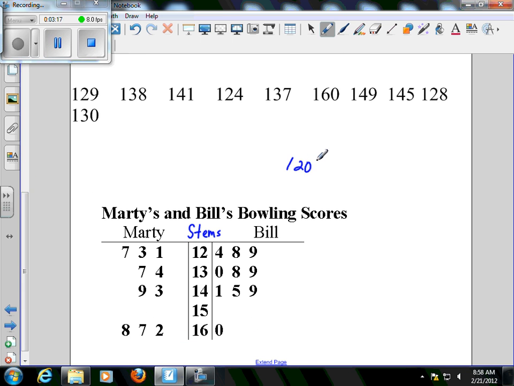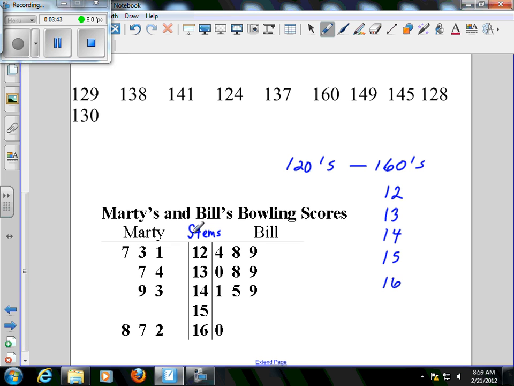So our stems are going to be listed as 12 for 120s, 13 for 130s, 14 for 140s, 15 for 150s, and 16 for 160s. Even if we don't have any scores in a particular range. For instance, we don't have any scores in the 150s, but we're still going to list 15 there.